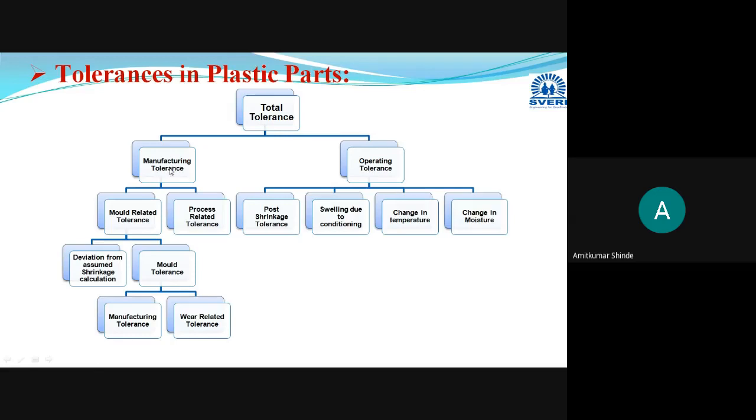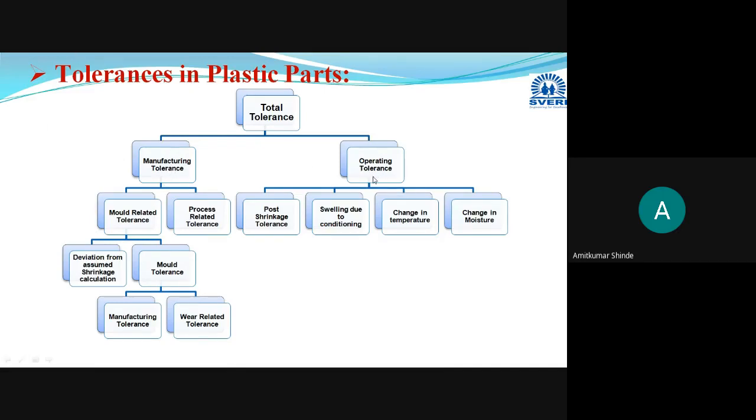Now in the manufacturing tolerance, whichever tolerances are related to the manufacturing process of that particular mold as well as the part are considered here. Okay, these are the manufacturing tolerances.